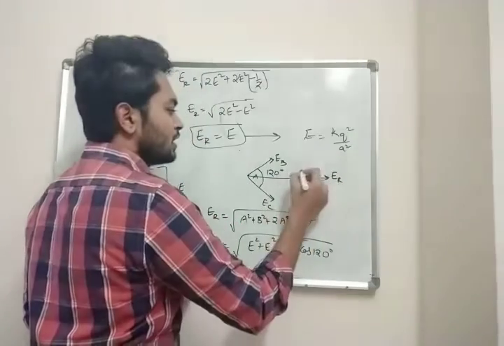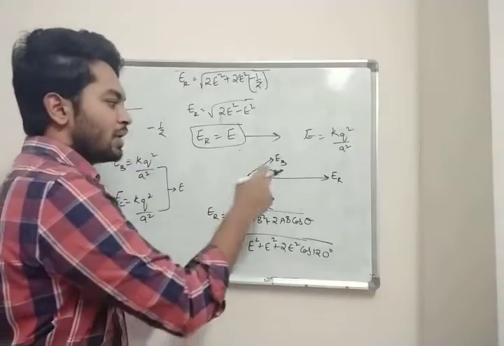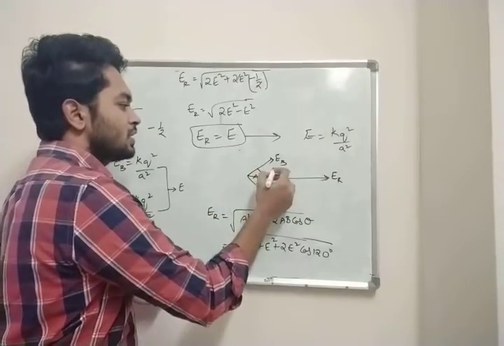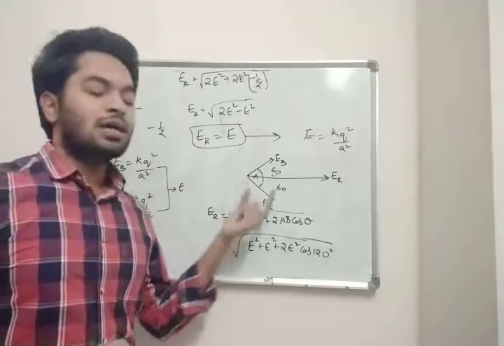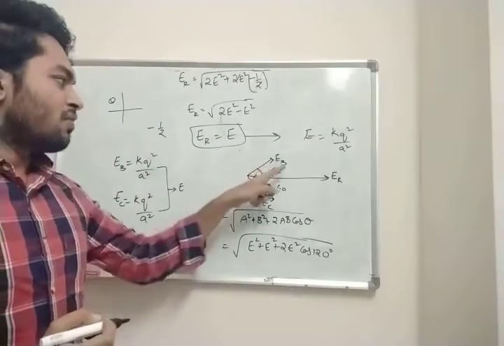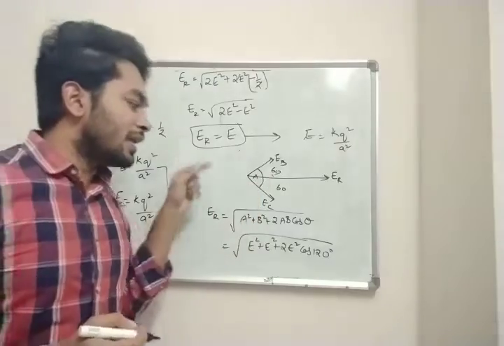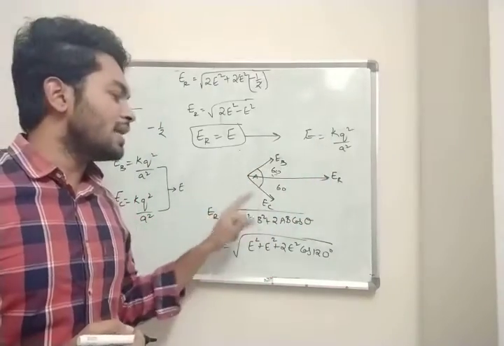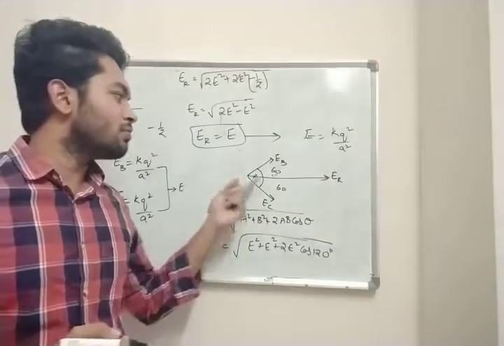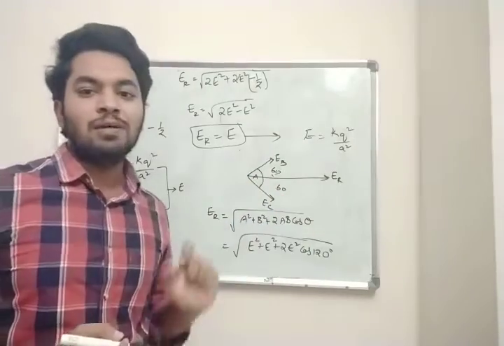The total angle is 120 degrees, and this is 60 degrees and this is also 60 degrees. We say it exactly bisects the angle because EB and EC are both equal.